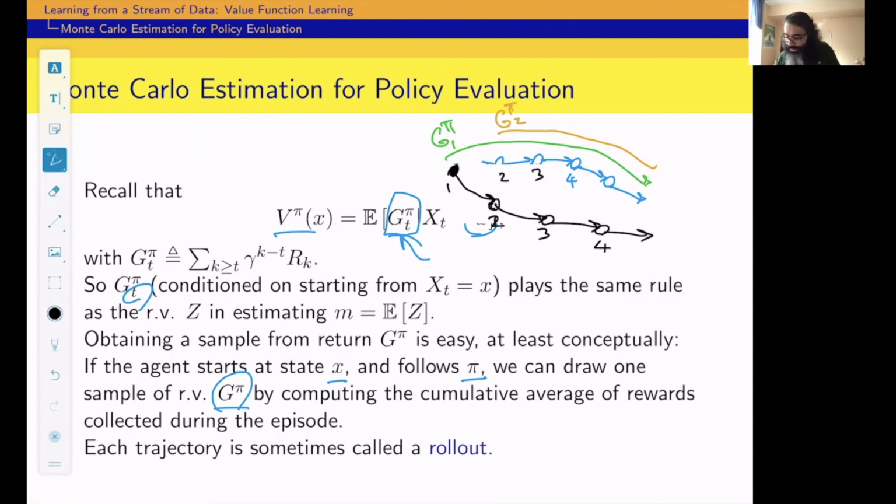So I can get another estimate by following this trajectory. Maybe I use an index i to denote these different trajectories.